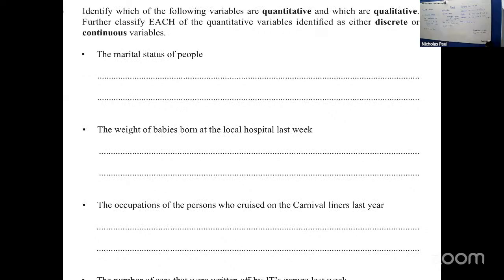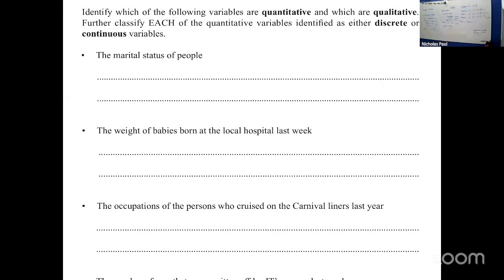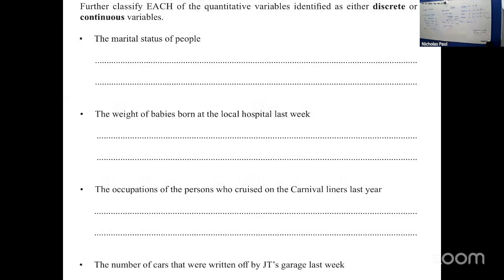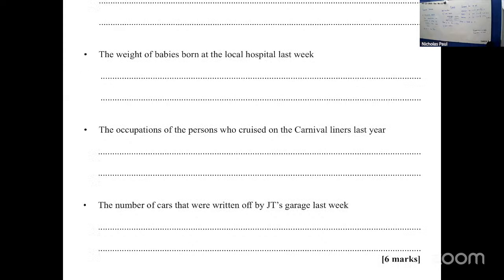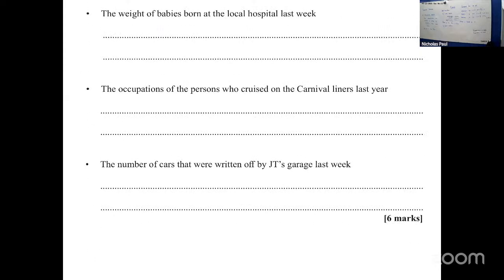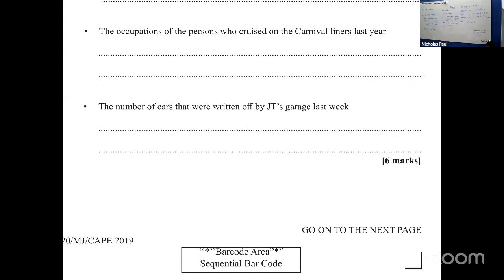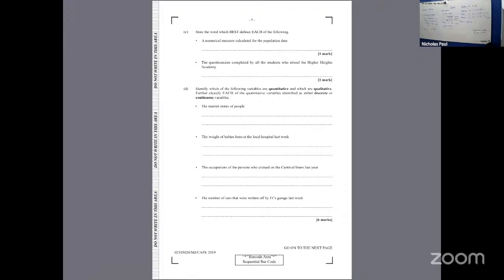Weight of babies: quantitative and continuous. Occupations of the persons who cruised on Carnival Lines last year: qualitative. Number of cars that were written off: quantitative and discrete.